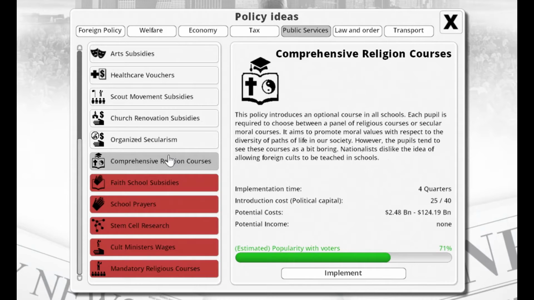That could be Taoism. Or Confucius, there we go. So it's Christianity and Confucius. But they're not really foreign. But I do admit they kinda are like cults.